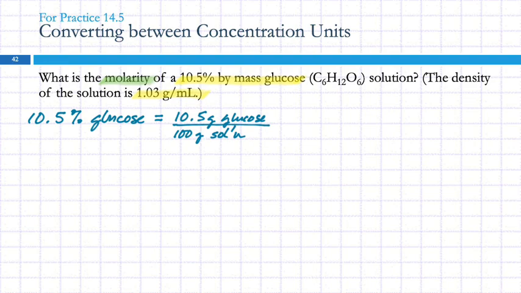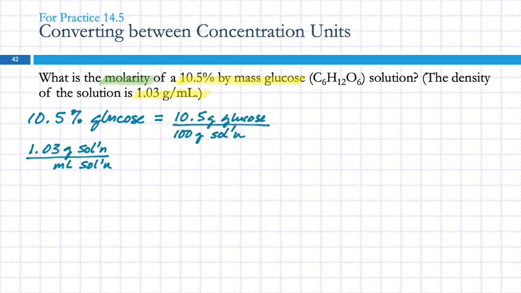And then we're given the density is 1.03 grams per milliliter. That's the density of the solution, right? So that's the mass of the solution divided by the volume of the solution. When you're dealing with solutions, you have two different parts, at least. You have the solute and the solvent and the solution, right? I guess you have three things at minimum. And so when we have a mass or a volume here, we need to label what it is.